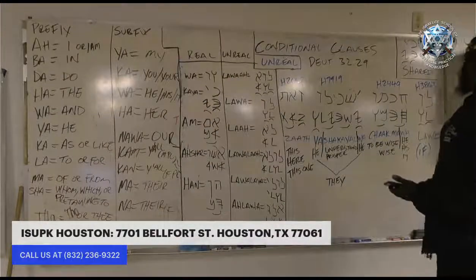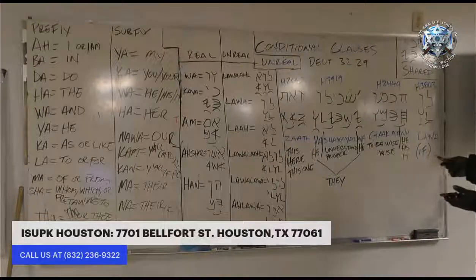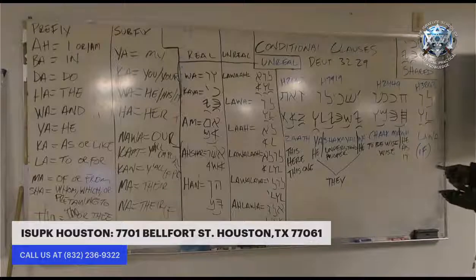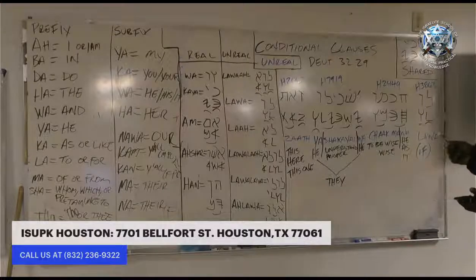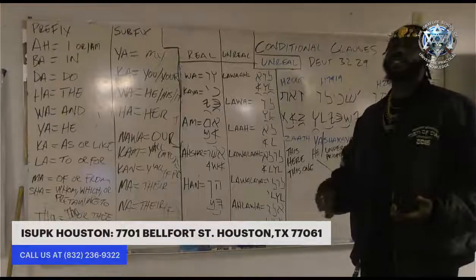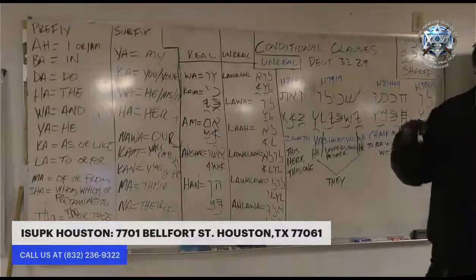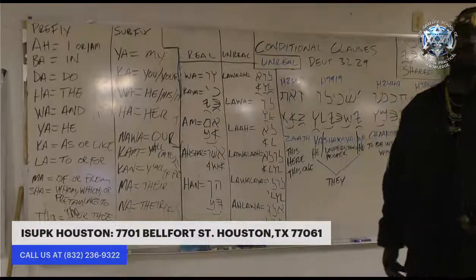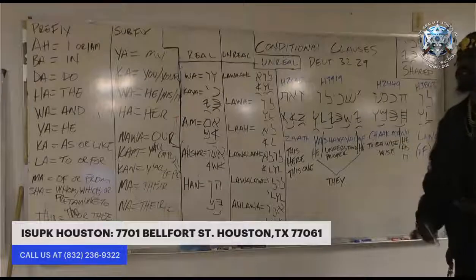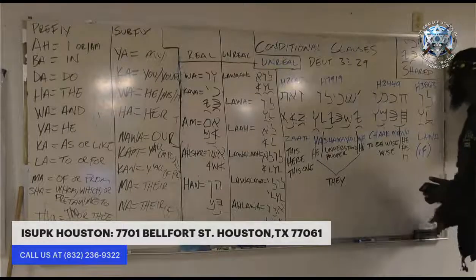So we have Lawa, Hakamawa, Yashikawa Za'a, which is an unreal statement. It is a sarcastic statement. So unreal conditional clauses are normally sarcastic. They're rhetorical questions. They are normally sarcastic. It's pretty much being a jerk.